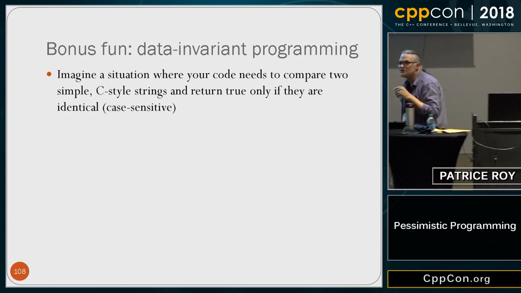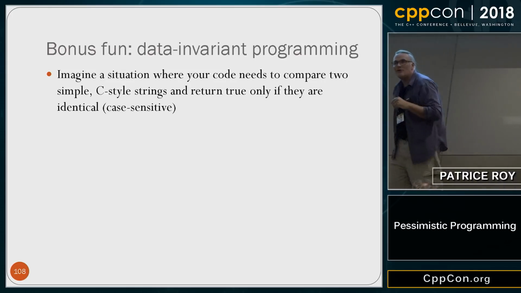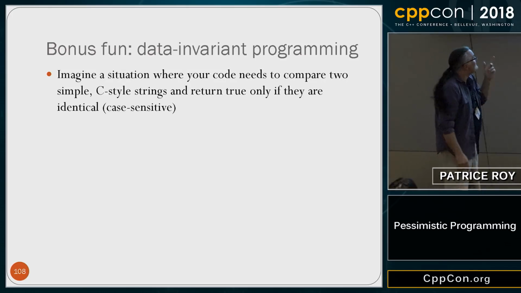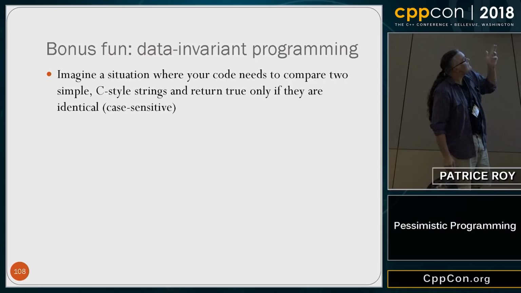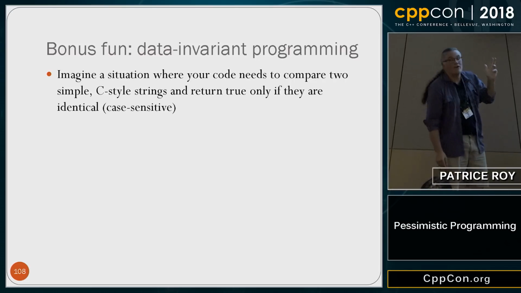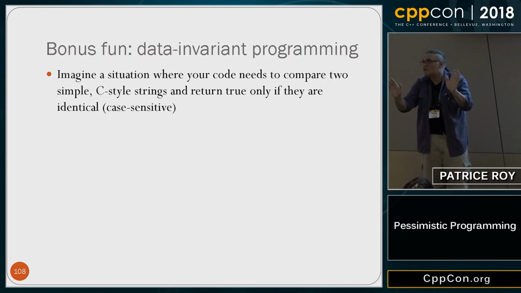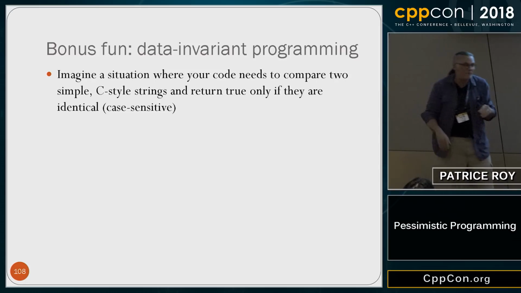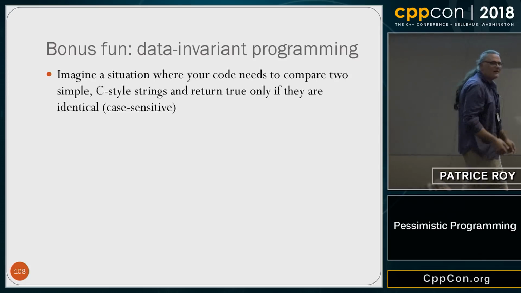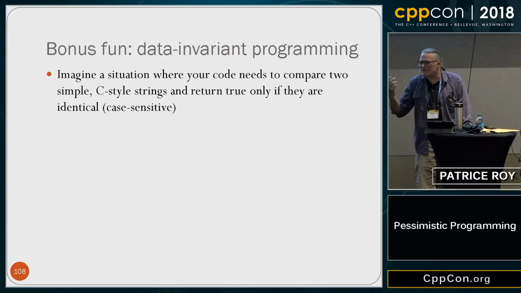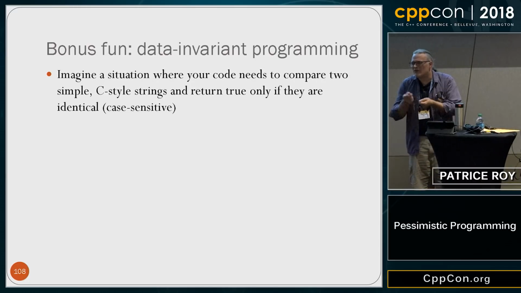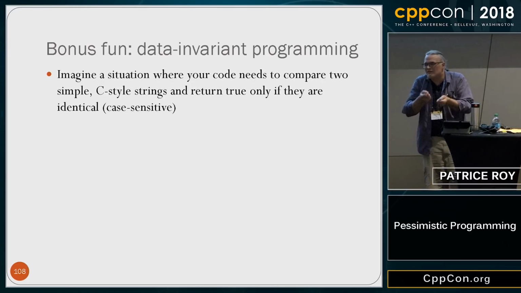So imagine a situation where you want to compare two simple C-style strings and return true if they're identical. This is very simple. I'm just taking the two strings like that and comparing them. In a very simplified way, it's what you do when you enter a password somewhere and you're wondering, do I have the right password?